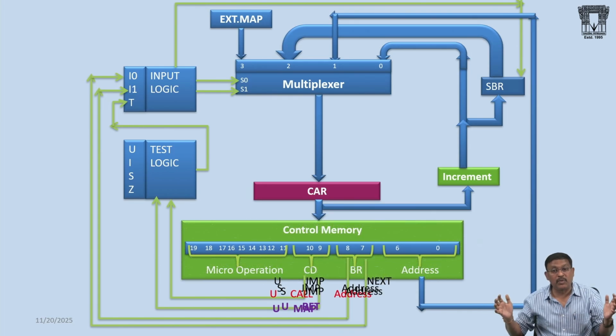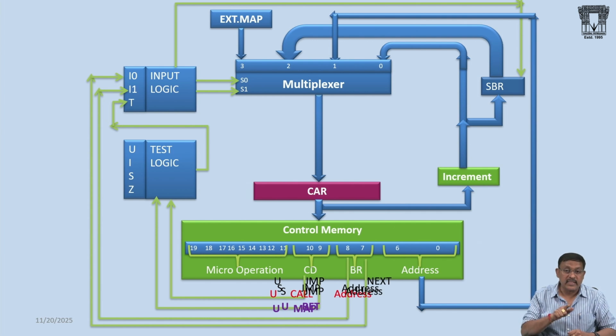These are the 4 possible ways to load the next address into the CR register. The first one is the next address in a sequence, so increment the CR by 1. Second possible source, the next address may be a branch address, so the branch address is loaded into the CR register.